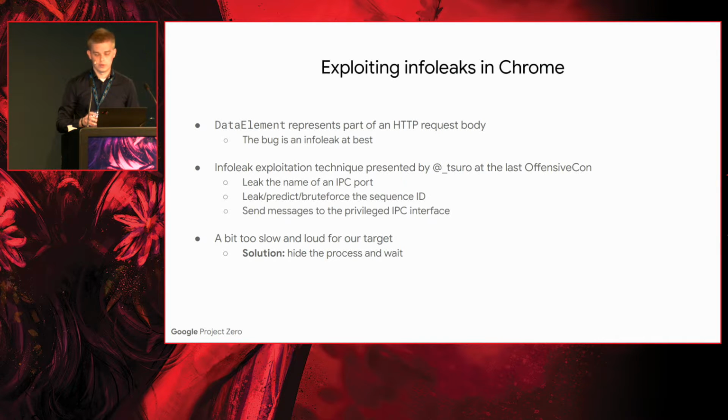So we couldn't groom the heap well enough to just steal the interface name of our choice with a single info leak. The best strategy we came up with was to spray the heap with the target port name by repeatedly calling a method on the target interface.